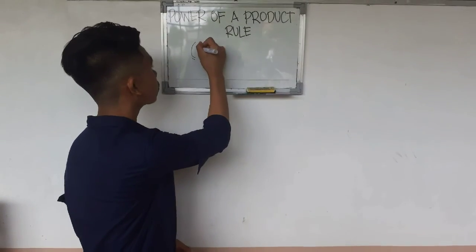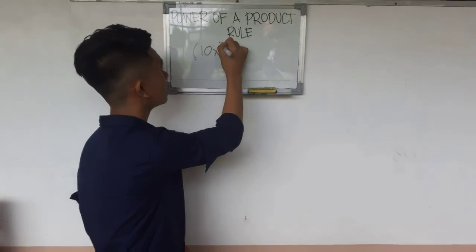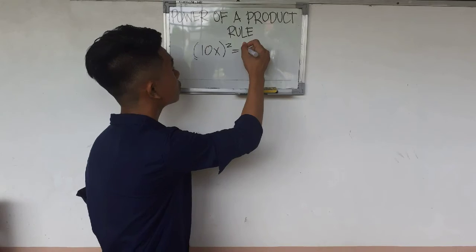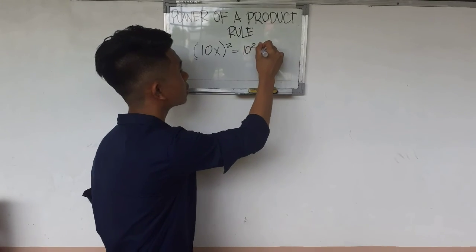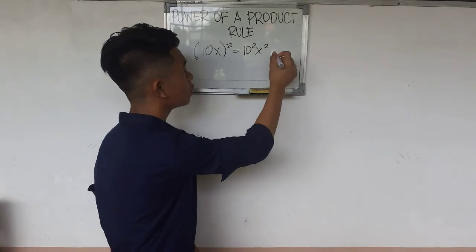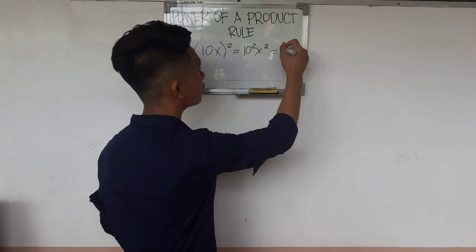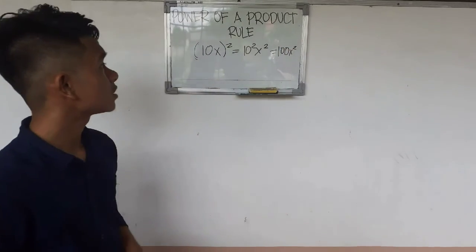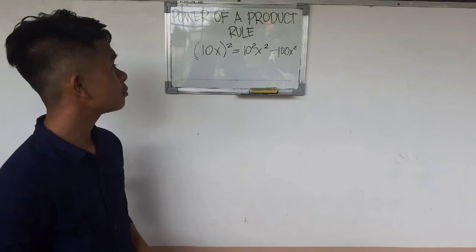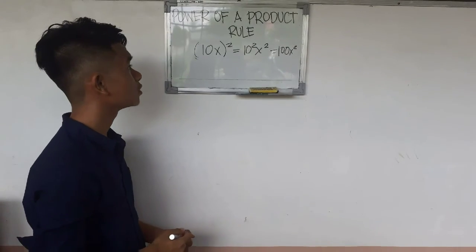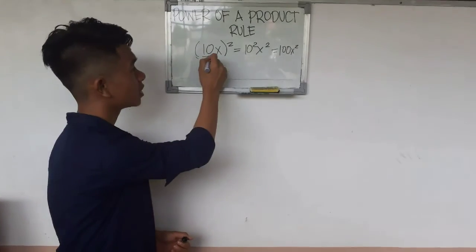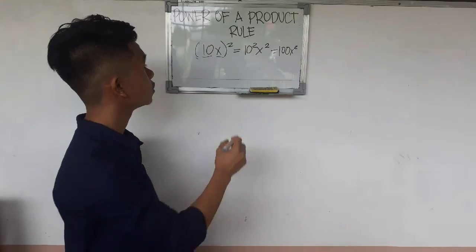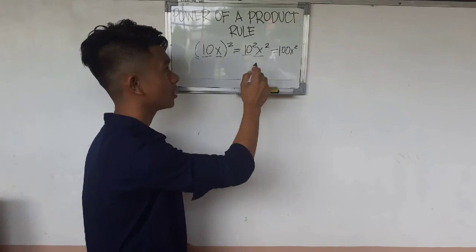Example: the quantity 10x raised to 2 is equal to 10 squared times x squared, which gives you the answer of 100x squared. So in this example, simply distribute the exponent 2 to the coefficient and the variable, which gives you 10 squared and x squared.